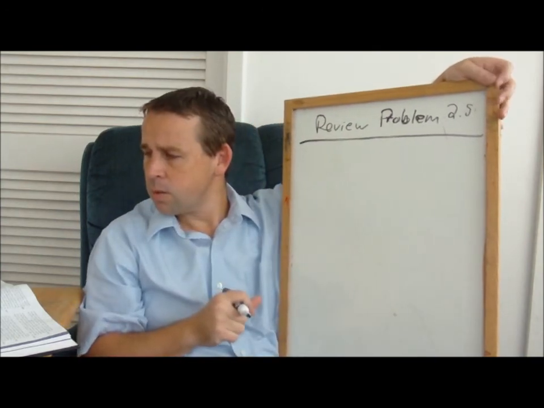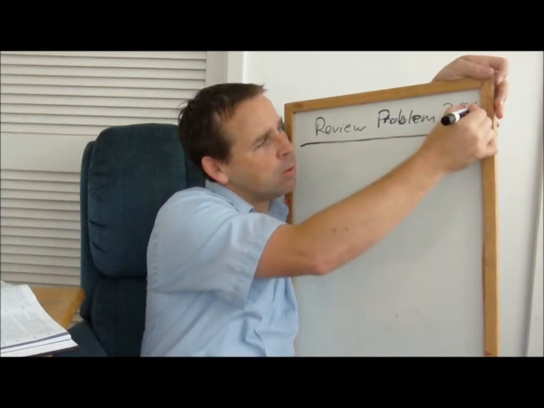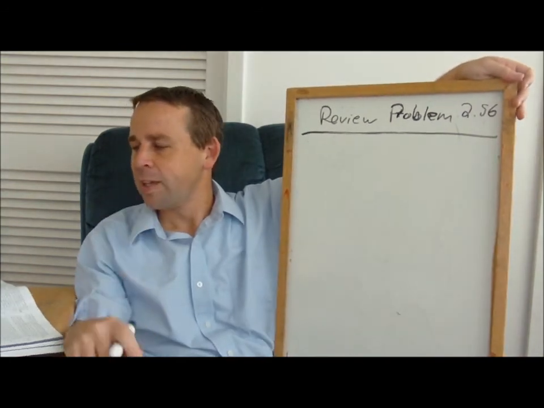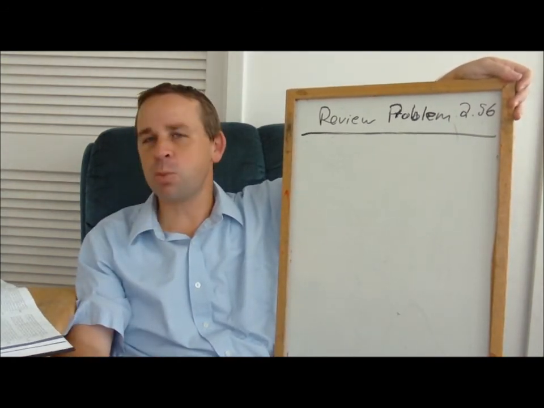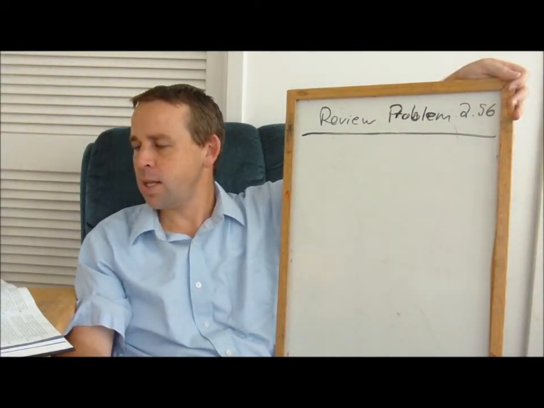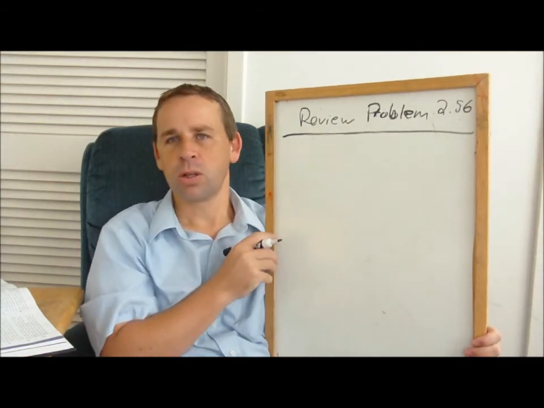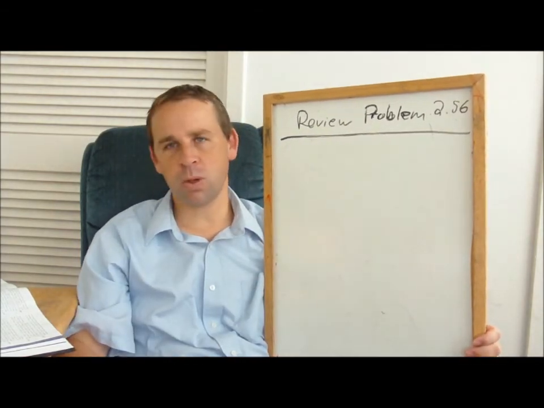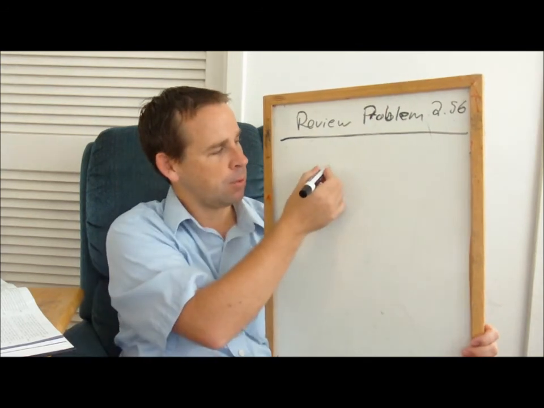256. A sample of kerosene weighs 36.4 grams. Its volume was measured to be 45.6 milliliters. What's the density of the kerosene in gram ml minus 1? So that means grams per milliliter, right?